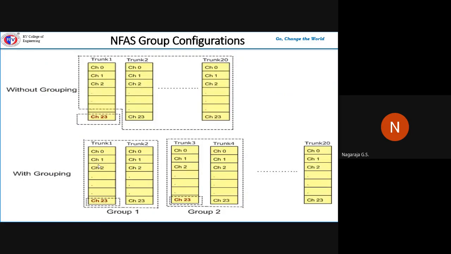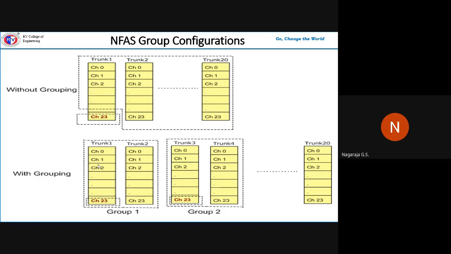Just see the first one, without grouping at the top, you have channel 0, channel 1, channel 2, up to channel 23. Similarly, you may have trunk 2, where we have another 23 channels. It goes on, and you can have n number of trunks. Here we have 20 trunk groups relating to without grouping.